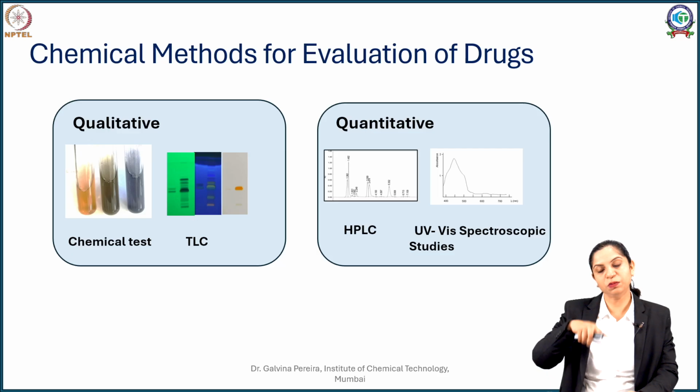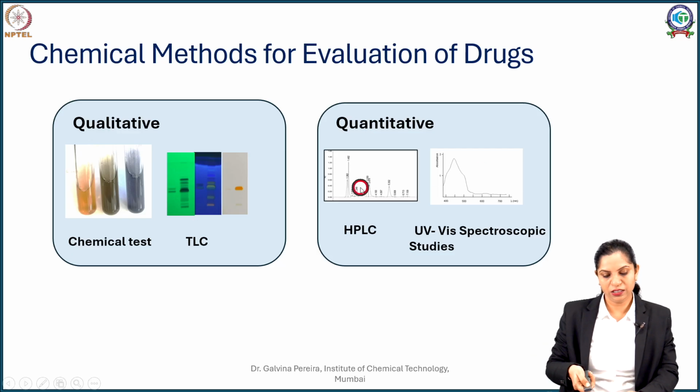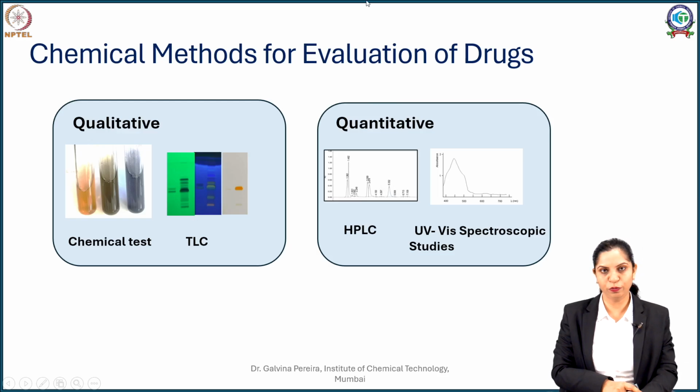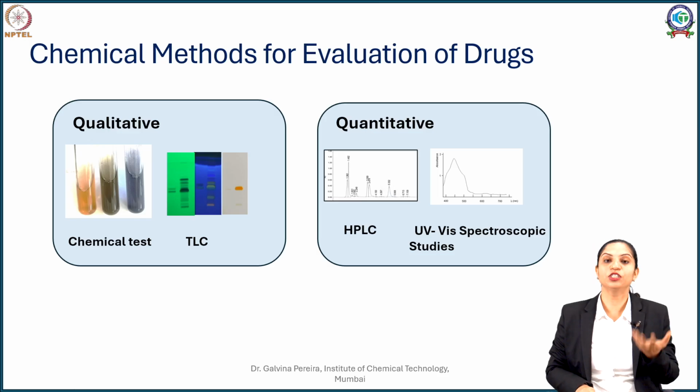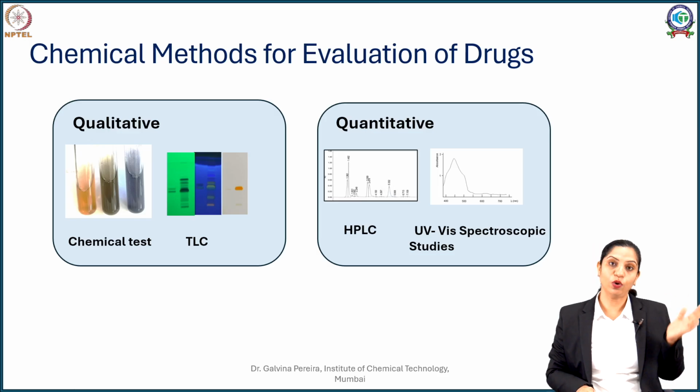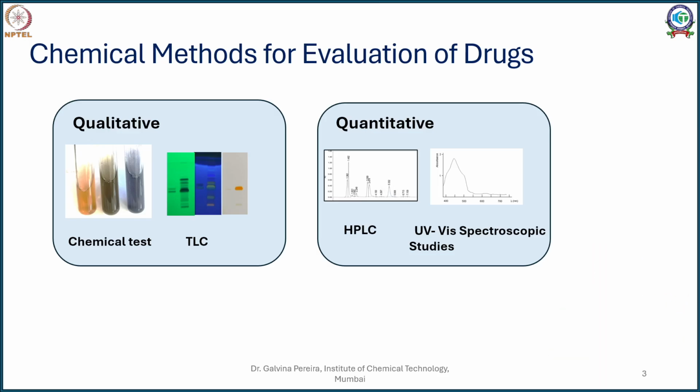But the area under the curve of this peak will tell us how much quantity of the compound is present. So chemical methods of evaluation are much more accurate. They tell us what type of compounds are present and how much of the compound is present.